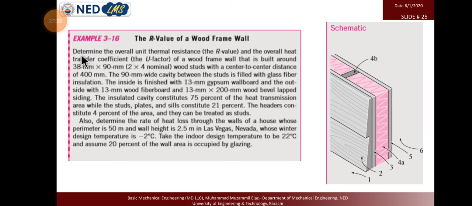Let's read it again. Determine the overall unit thermal resistance and the overall heat transfer coefficient, U factor and R value, of the wood frame wall that is built around 38 mm by 90 mm wood studs. This is the wood stud, with a center to center distance of 400 mm. The 90 mm cavity between the studs is filled with glass fiber insulation.